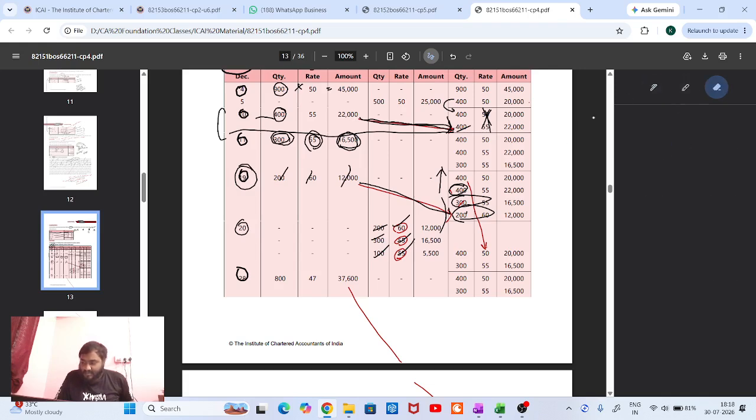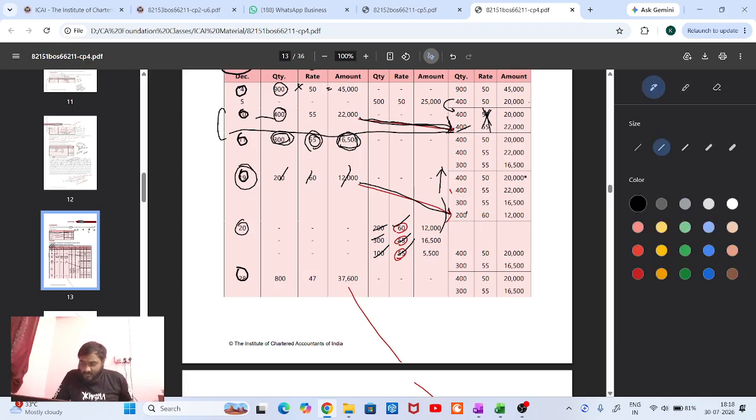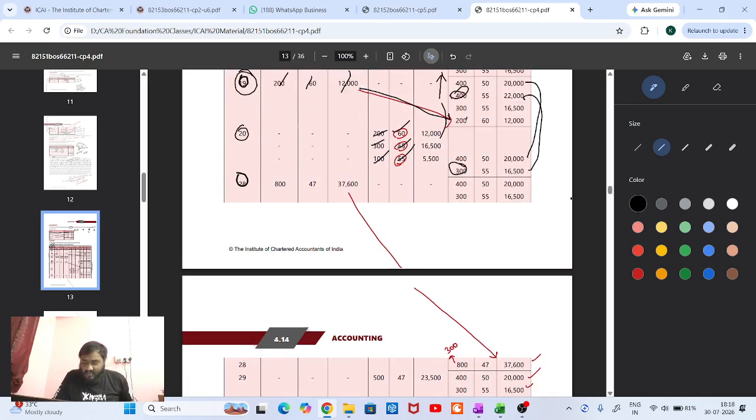Now the twist is, what is the balance that is remaining with us? The balance is 400 into 50, 20,000 remains with us, 300 into 55. Why 300? Out of 400, we have issued 100 inventory. And then the 20.